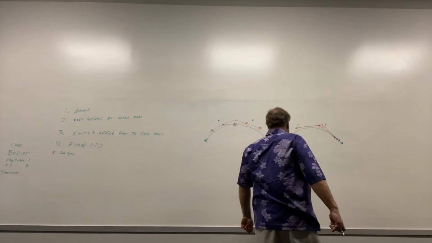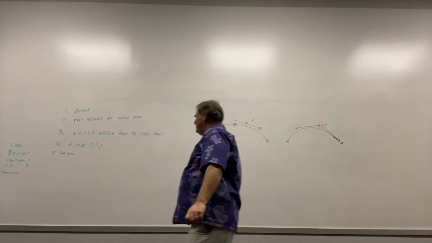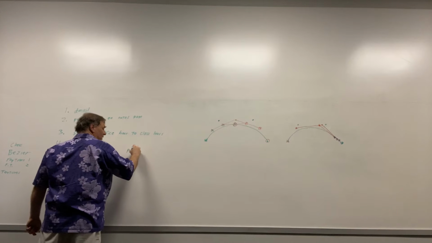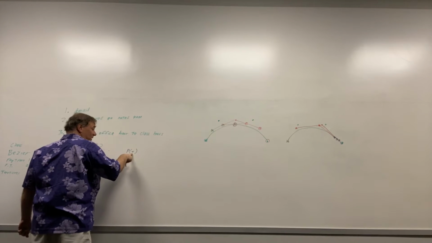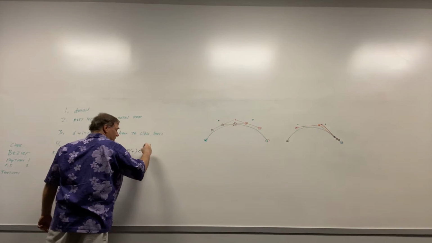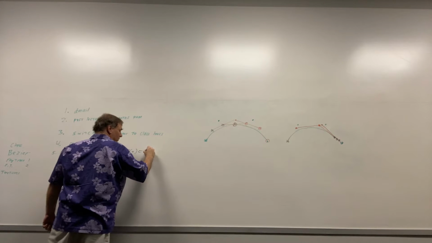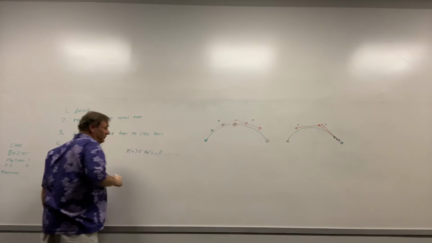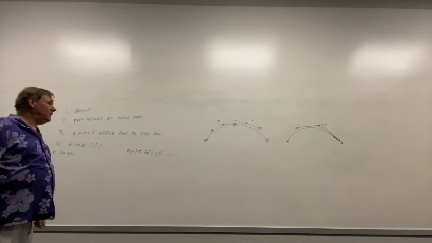So while Mr. Bézier said to use this fancy-dancy formula, a point evaluated at a t between 0 and 1 is P0 times (1 minus t) cubed, on and on and on. We've seen that formula.